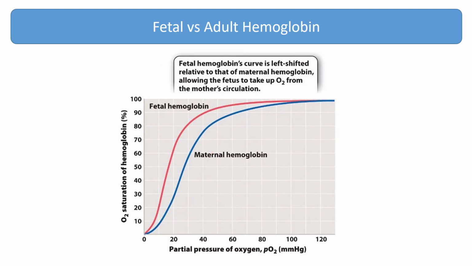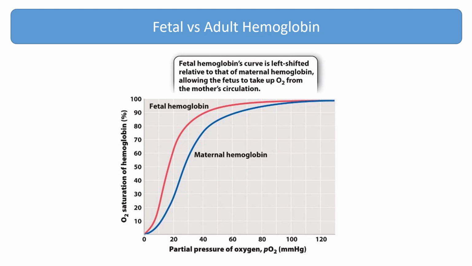Many factors affect oxygen binding by hemoglobin. In mammals, the mother's respiratory and cardiovascular systems must provide the fetus with oxygen and remove carbon dioxide. Maternal and fetal blood exchange gases across the placenta, yet the oxygen concentration gradient at this exchange point does not favor the movement of oxygen from the mother's blood to the fetal blood.